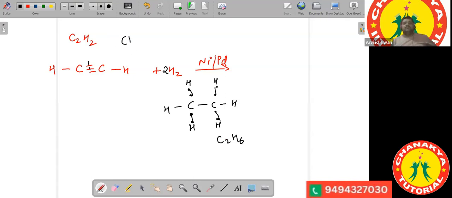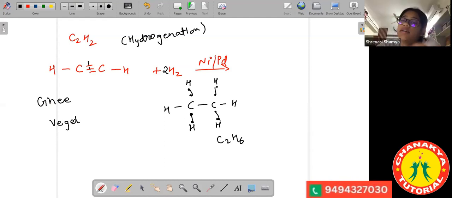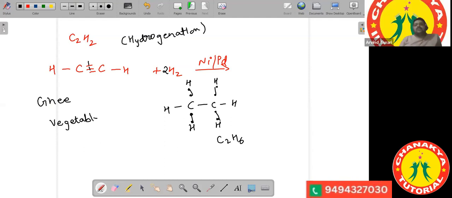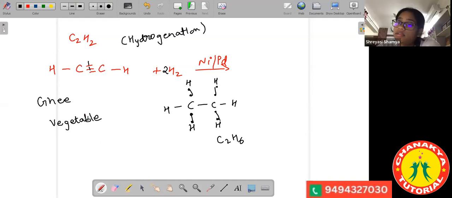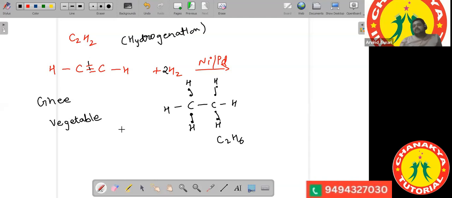Now I will talk of why it is important. See, everyone, I think everyone must have heard about ghee and vegetable oil. Yes, sir. Out of these two, which one is costlier? Ghee. Ghee is costlier, vegetable oil is cheaper.